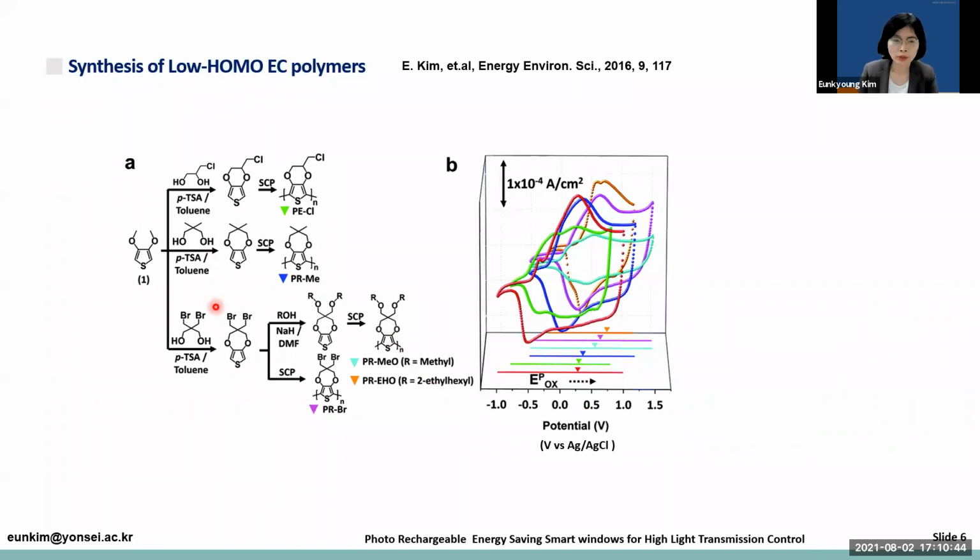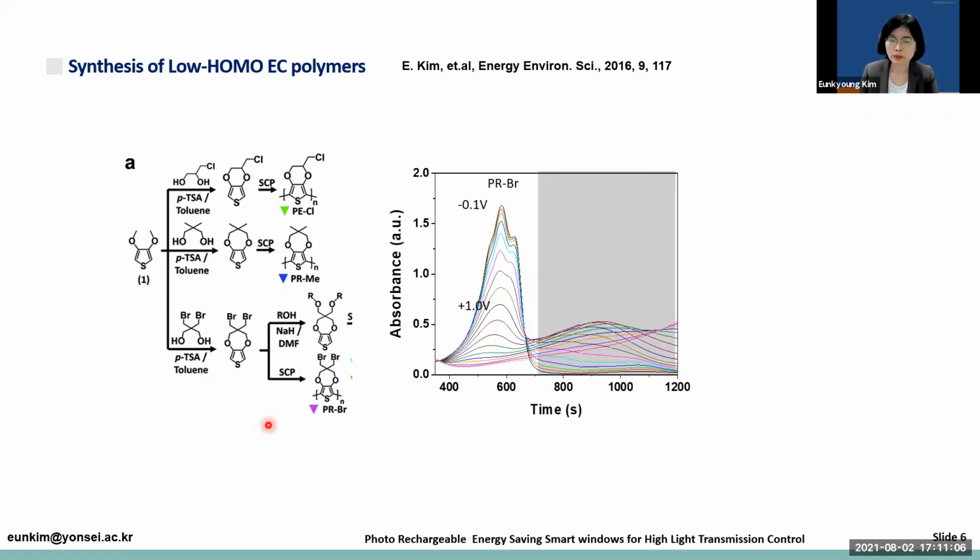To control the HOMO energy level of electrochromic polymer, we can utilize side chain engineering, where we introduce an electron deficient group or structurally bulky group to get a higher oxidation potential, namely to lower the HOMO energy level.